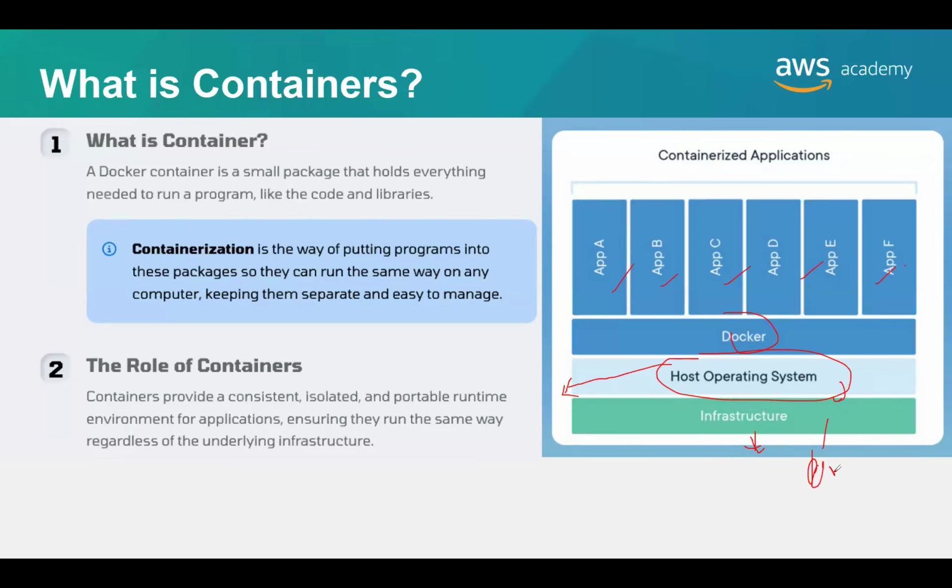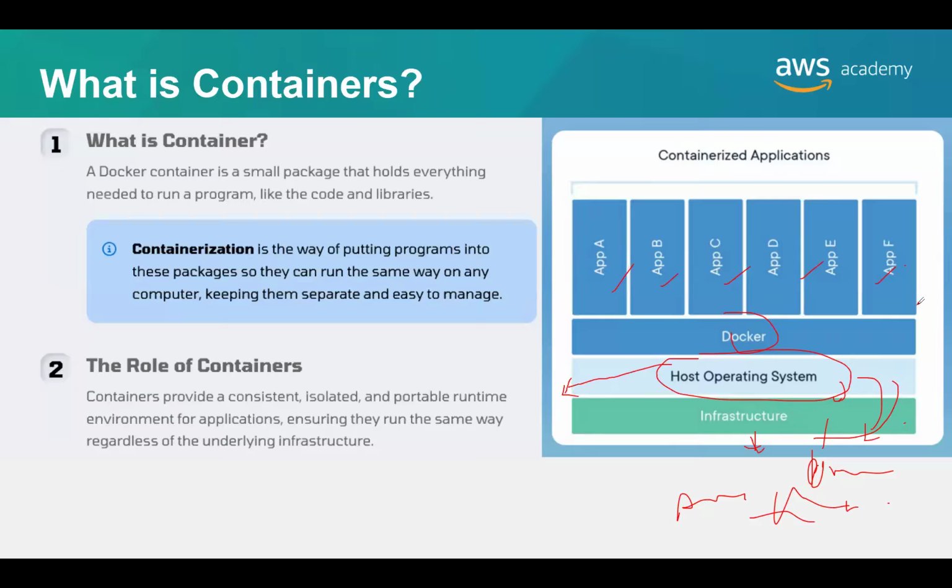Infrastructure can be on-premise or cloud infrastructure like AWS, Azure, or GCP. The system they have, that is AWS, Azure, or others, the physical server, is called your host operating system. Whatever you are going to run are called guest operating systems.